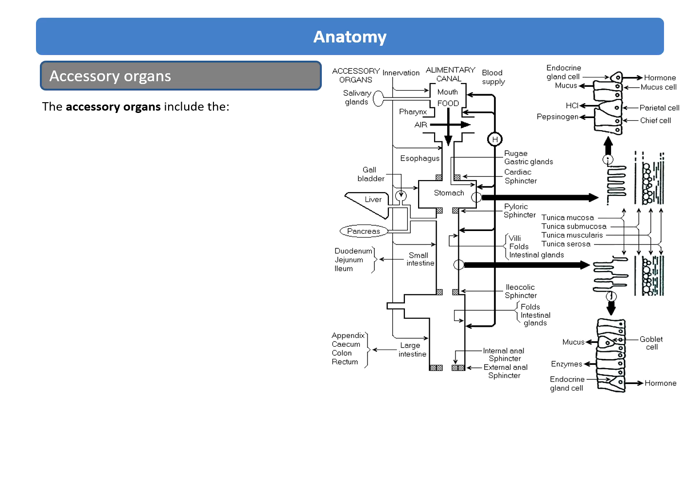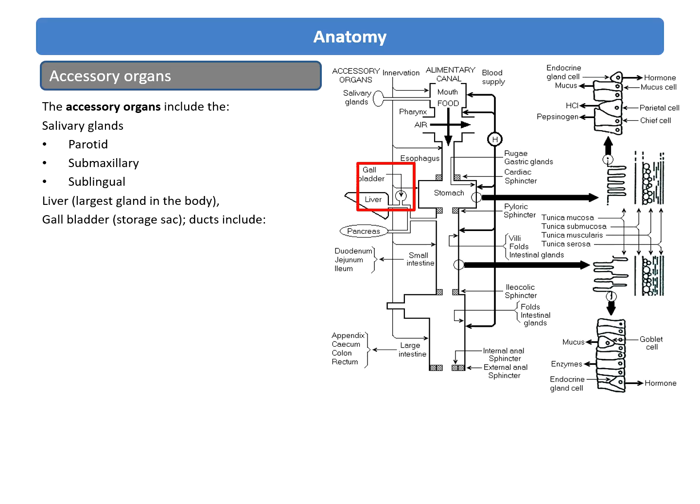The accessory organs include the salivary glands, such as the parotid, the submaxillary, and the sublingual. It includes the liver. This is the largest gland in the body. The gallbladder, not technically a gland, is a storage sac that extends from the liver.